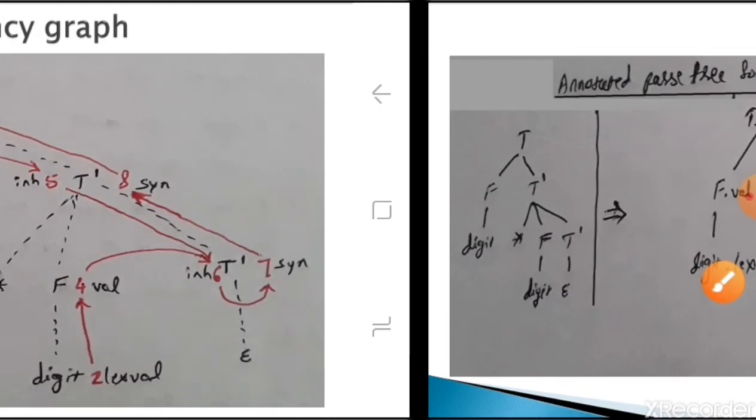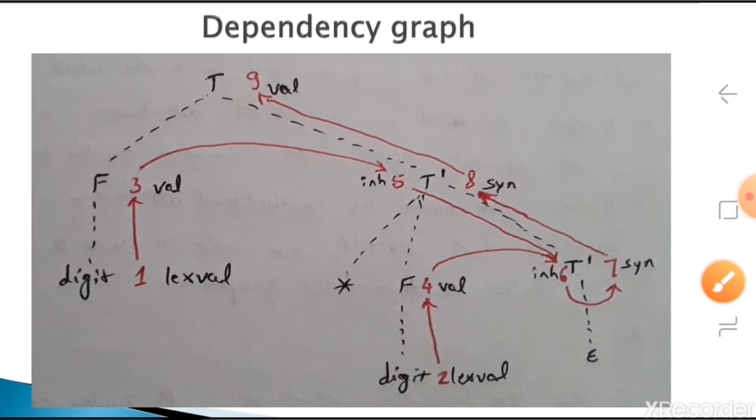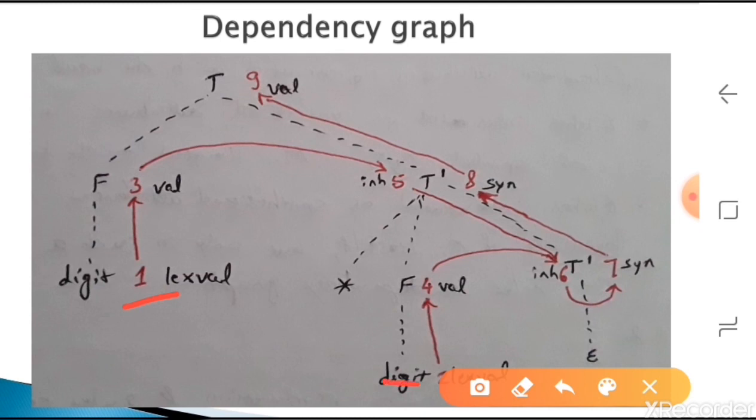This is the order we are saying: first from the lexical analyzer we'll get the values and give them to the f value. Then the t dash inherited attribute will be calculated, then the next t dash inherited attribute will be calculated, and only then the t dash synthesize value will be calculated.